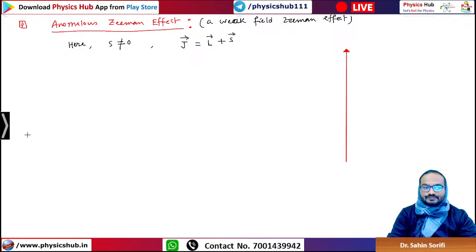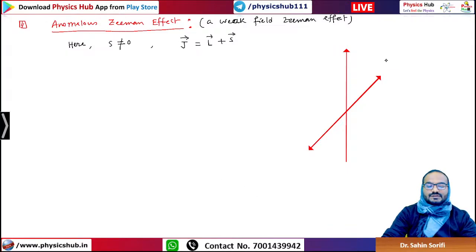L is applying along this direction and mu L will also apply in the same line but in the opposite direction. This is L and this is mu L, let's say.